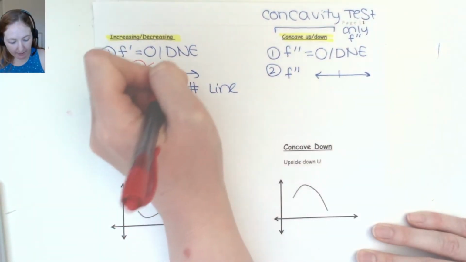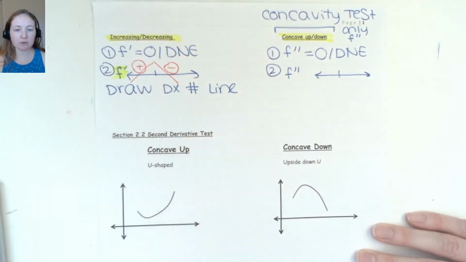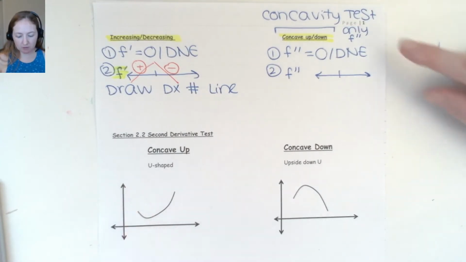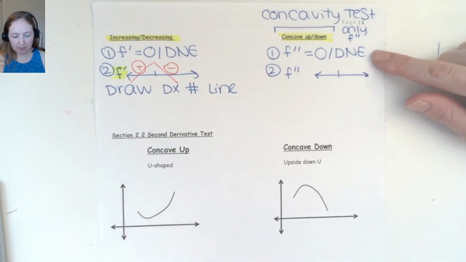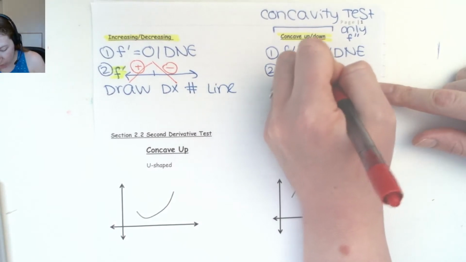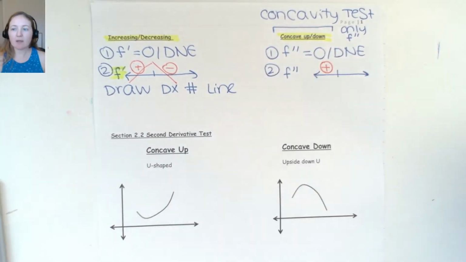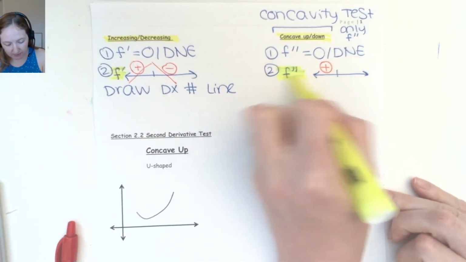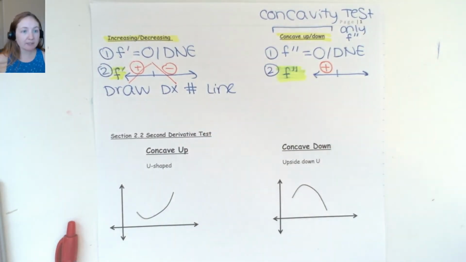Whereas if I get a negative with the first derivative, that tells us that we're decreasing, that we're going down the hill. With our test for concavity, we're going to look at the second derivative, and this time when we get a positive, that positive, because we plugged into the second derivative, is going to tell us different information.